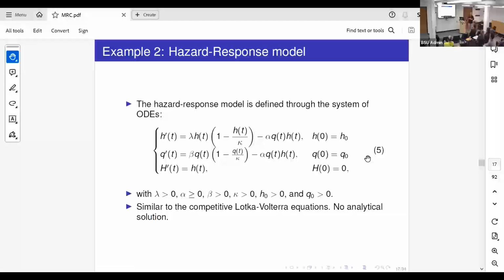Okay. Yes. I've got lots of questions. Diseases that are seasonal could have this kind of seasonality, yes.